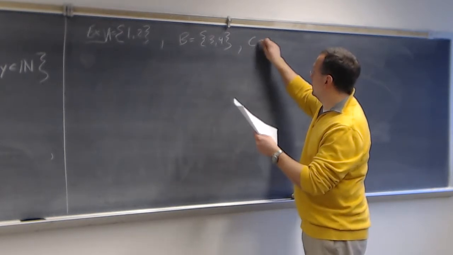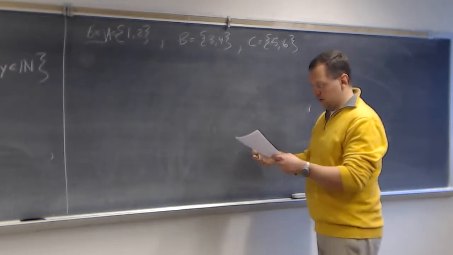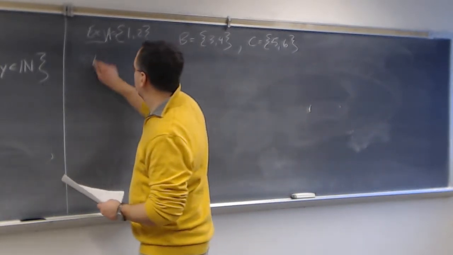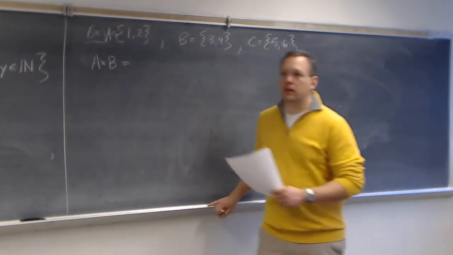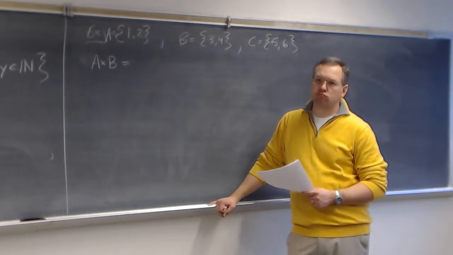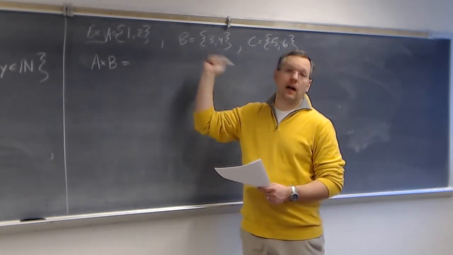And C is a set with 5 and 6. Before I write the elements of A cross B, how many elements are there going to be? 4, right? There are 2 elements of A, 2 elements of B, so 2 times 2.